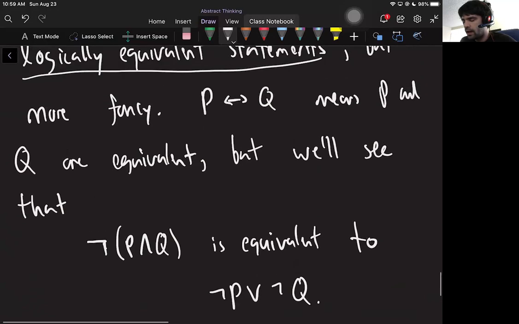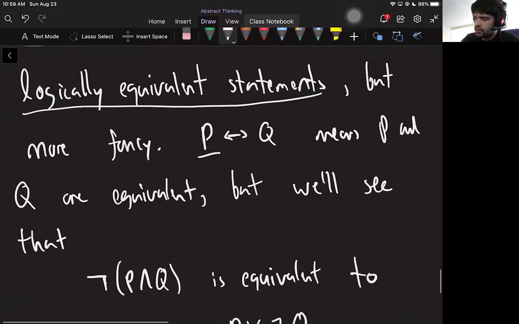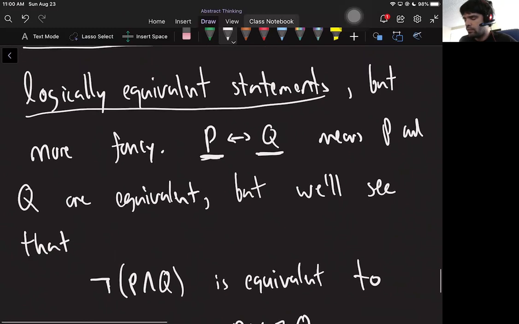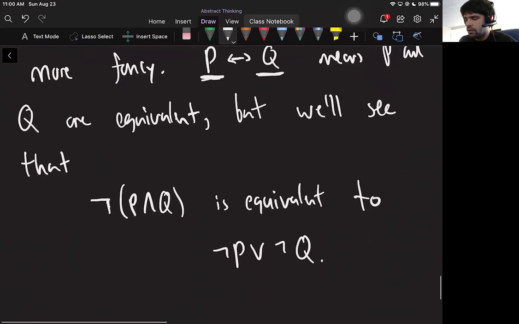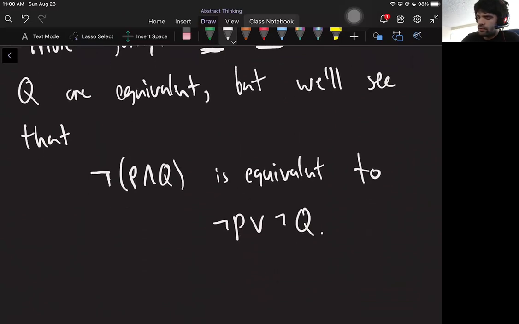So the idea right now is you're given 2 specific statements, like x is odd and x plus 1 is even or something. You're given 2 specific statements, and you want to see if they're logically equivalent by proving that they imply each other. Whereas here, you're not given 2 specific statements. You're given 2 general logical statements.